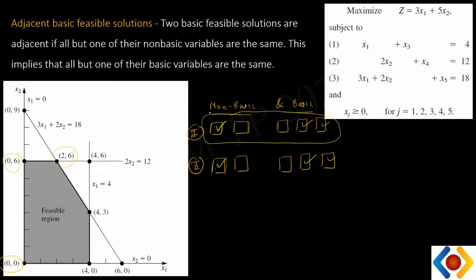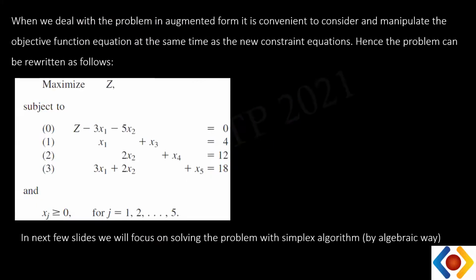Those two variables have to go into the bucket of non-basic, right? And that means in the two solutions, both the non-basic variables are different. And if both non-basic variables are different, are they adjacent solutions? The answer is no. Right? We are moving variables from basic to non-basic. Yes. Okay.